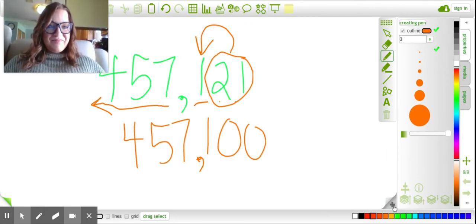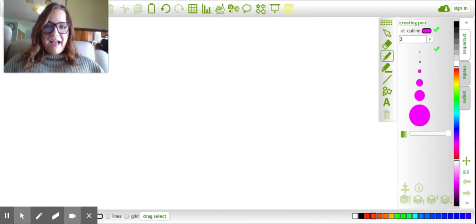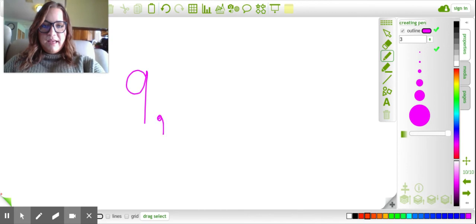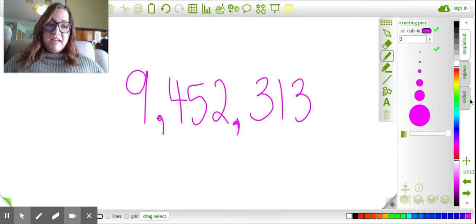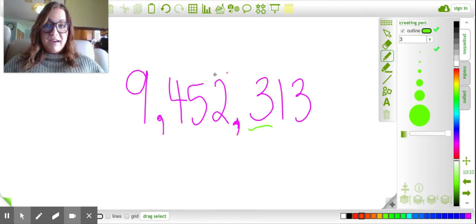All right, should we go into the millions? Let's do it. Okay, I'm going to say we have 9,452,313. Even though we're in the millions, we're still going to be rounding to the nearest 100. So remember, none of this matters to the left of that underlined digit because we just bring that down.